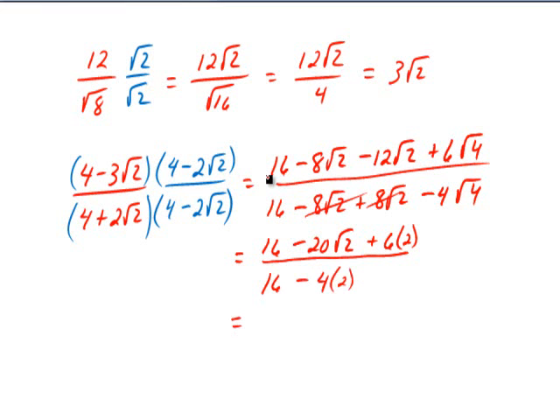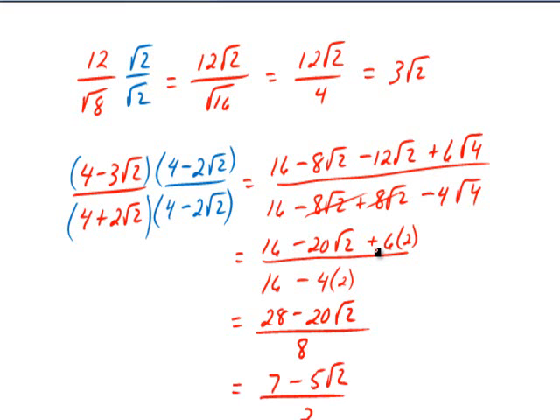If I simplify further, I have 16 plus 6 times 2, which is 12, so I have 28 minus 20 root 2. And in the denominator, 16 minus 8, which is 8. I can divide each of the terms in the numerator and the denominator by 4, giving me 7 minus 5 root 2 all over 2.